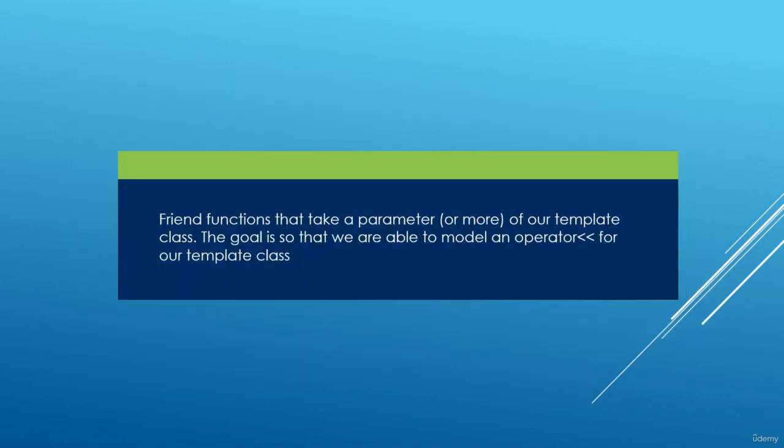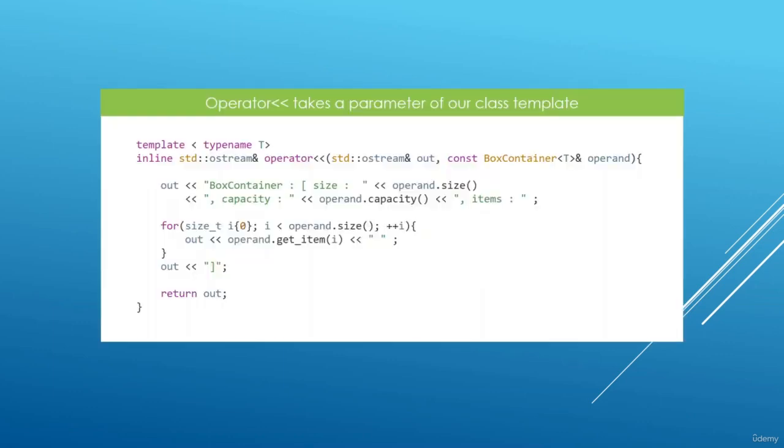Why am I doing this? Well, I want to do this because I want you to at least have the ability to set up stream output operators to your class templates without resorting to public getter methods that we have been using so far. So if we go back to our output stream operator for our class template, you see that this is a freestanding non-member function.